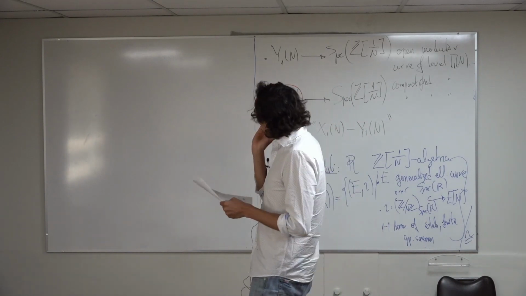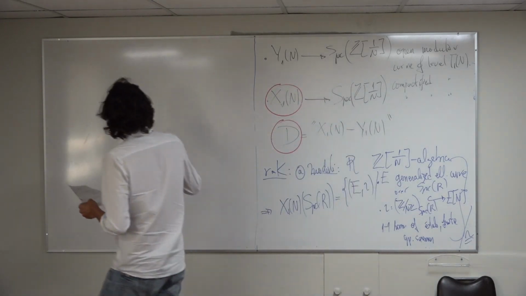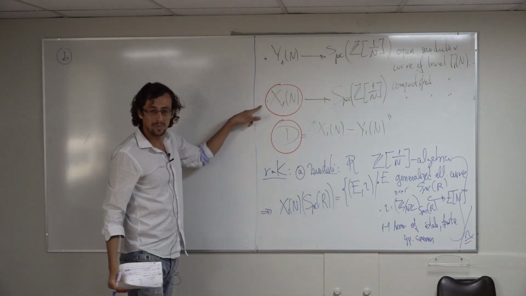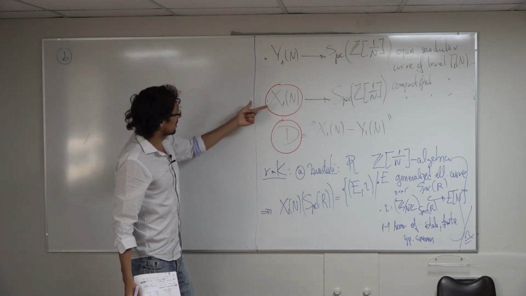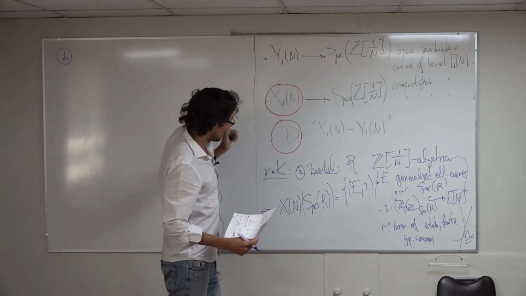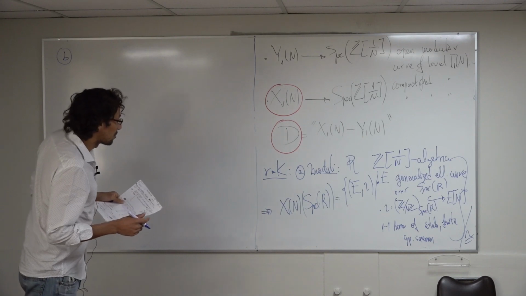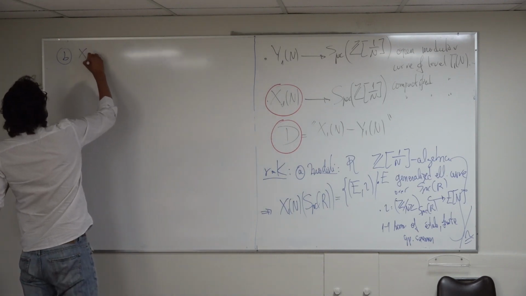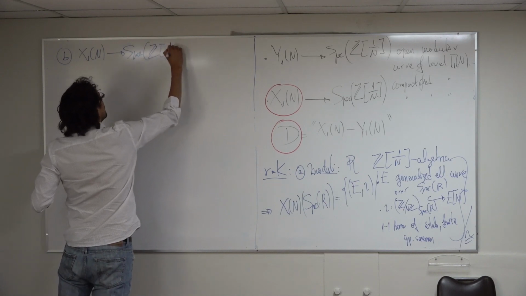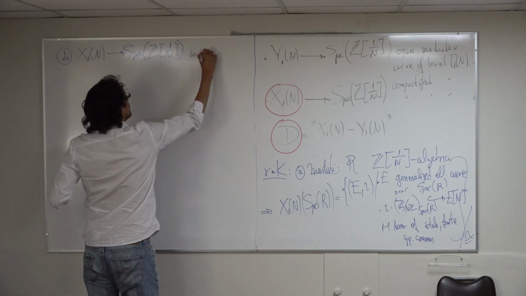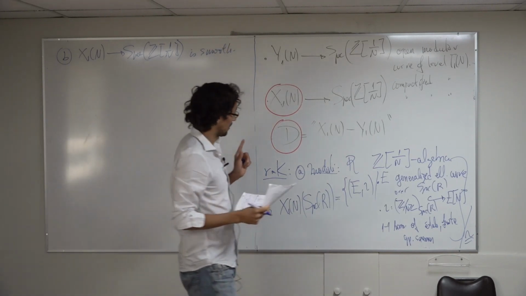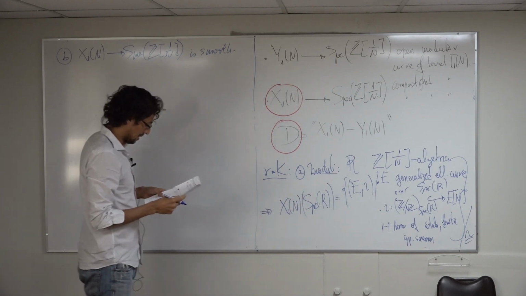So what is the second observation that I wanted to say? This is a curve, a scheme of relative dimension 1, with some good properties. But one of the good properties that I like to point out is that this scheme is smooth. Okay, it's smooth. That is important.